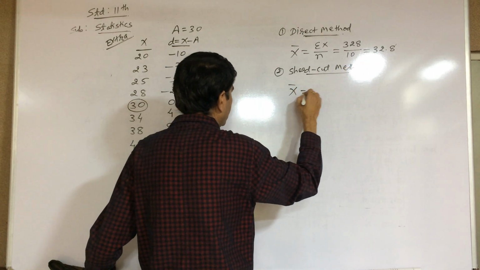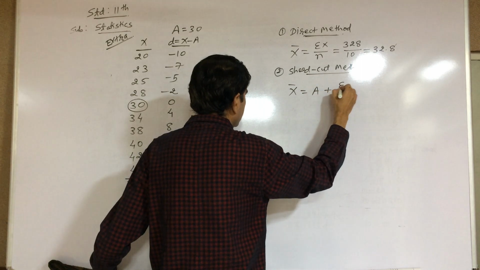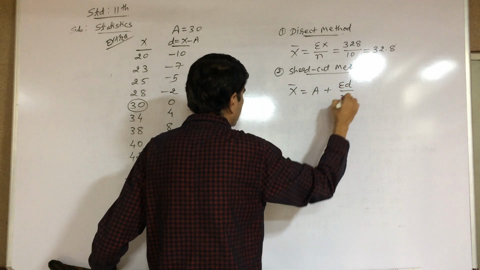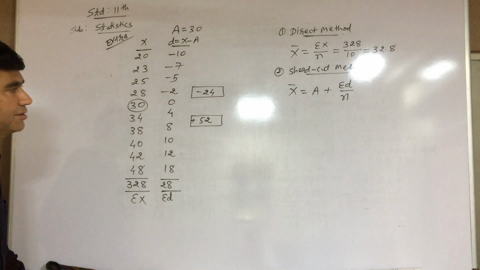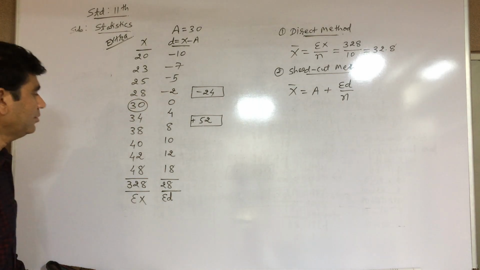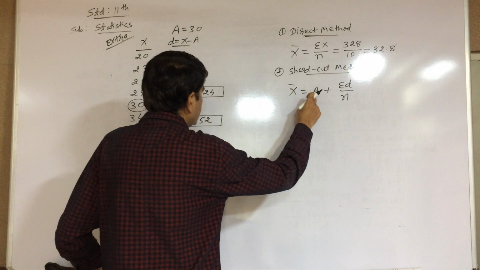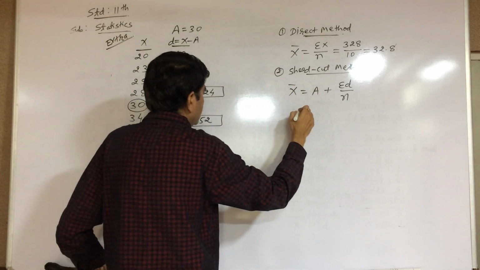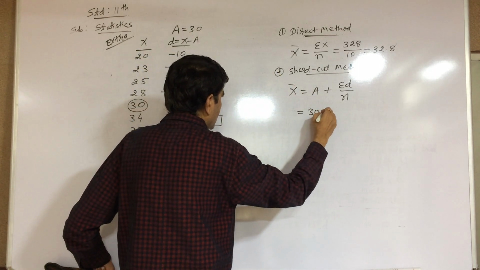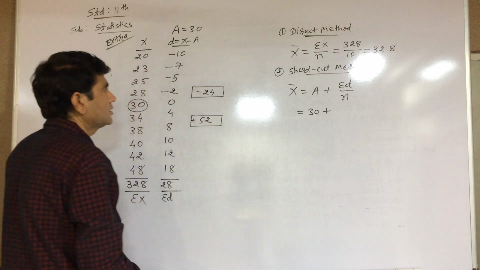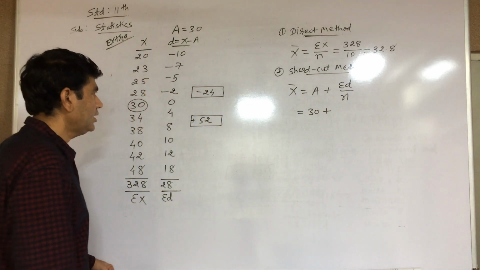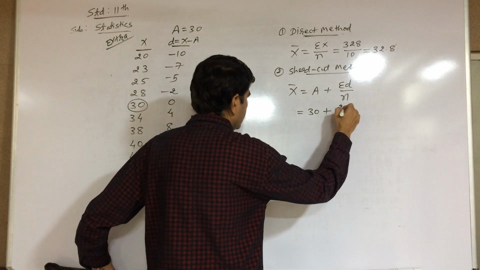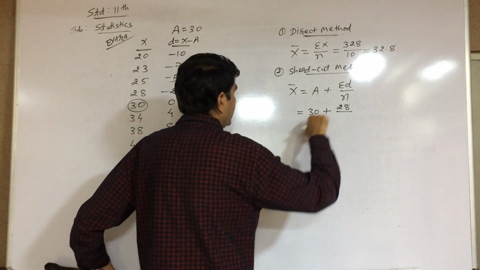And our formula is x bar is equal to A plus sigma D upon N. And this time our assume value is 30 plus sigma D is 28 and value of N 10.